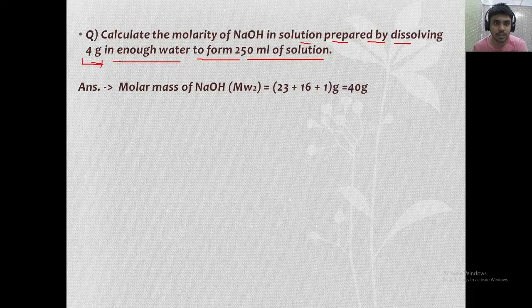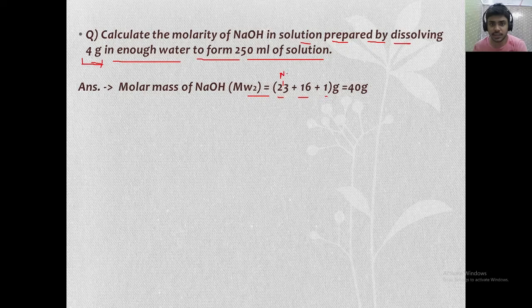So let's see. The molar mass of NaOH, you know, Mw2, because it's the solute, so W2: 23 plus 16 plus 1. 23 is the molecular weight of Na, sodium, 16 is of oxygen, and 1 is of hydrogen. These small things you must know. NaOH is a very common compound, so the molecular weight of these things you must remember.